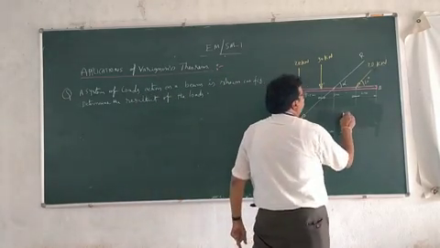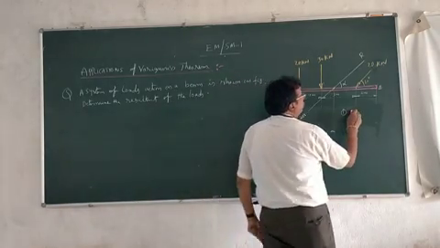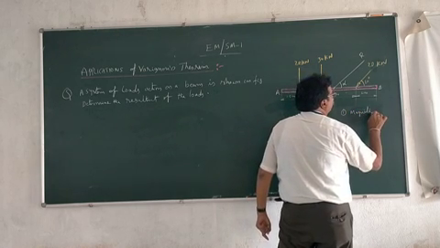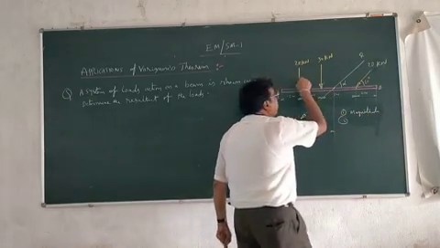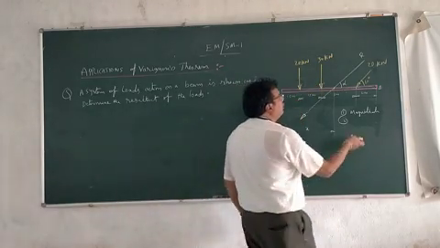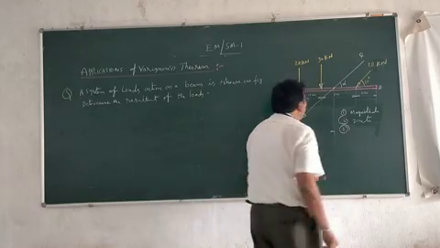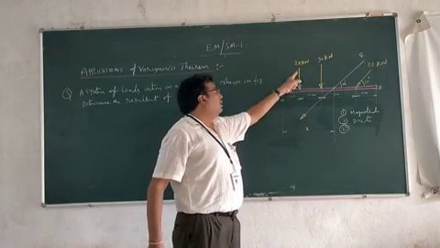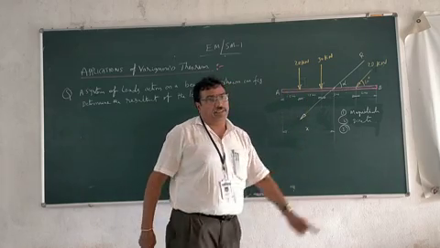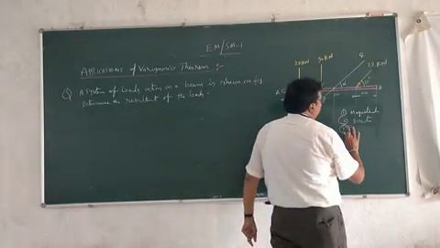Every force acting on the beam has, number 1, magnitude. Number 2, direction: vertically it is 90 degrees. Number 3, point of action: it is acting 1.5 meters from the left side. That's the location where it is actually acting on the beam.